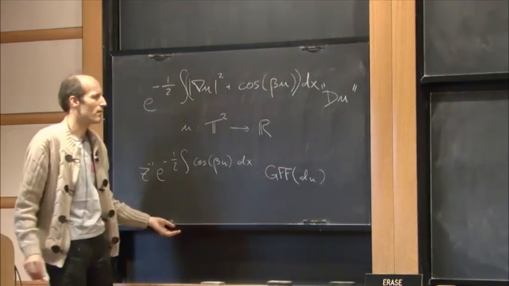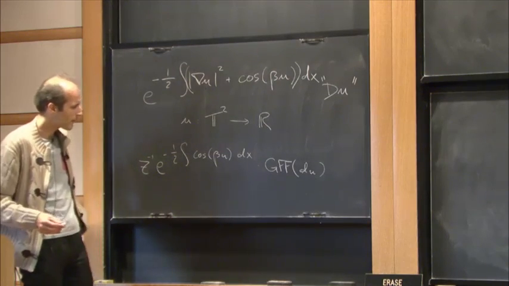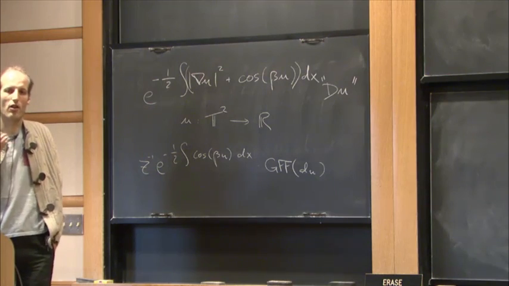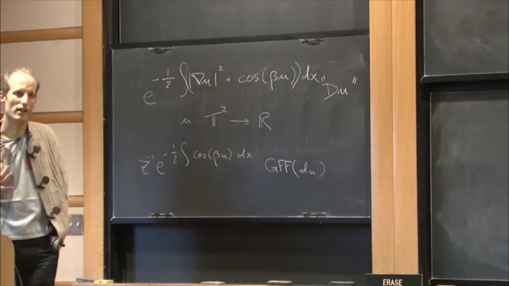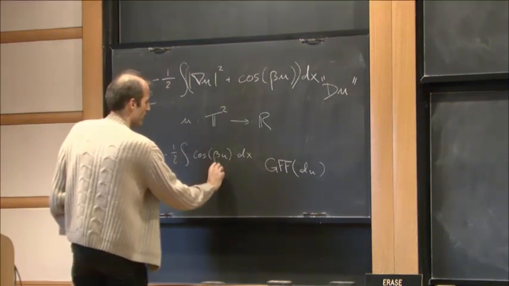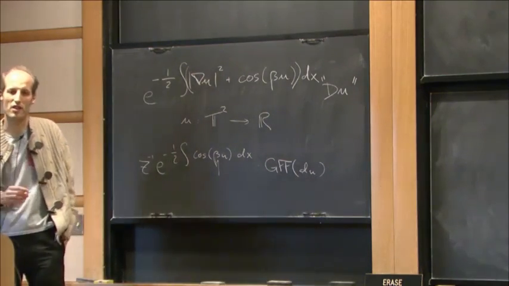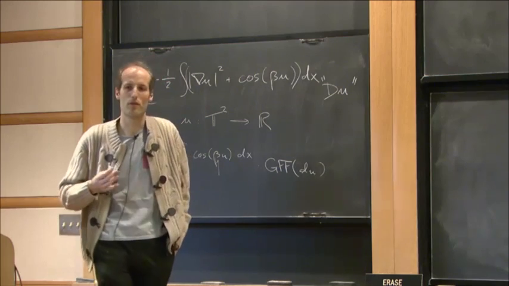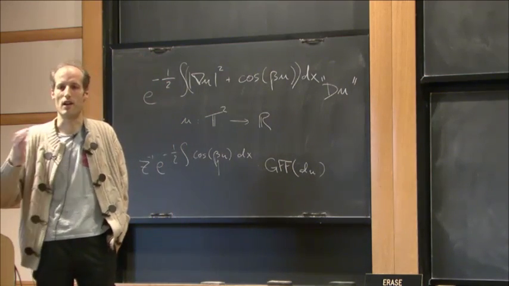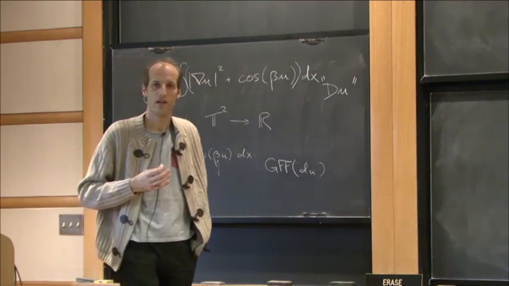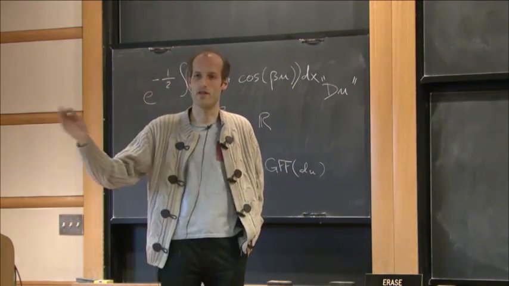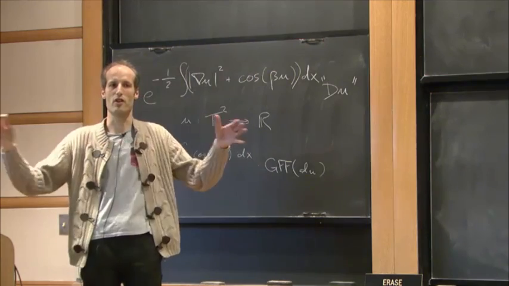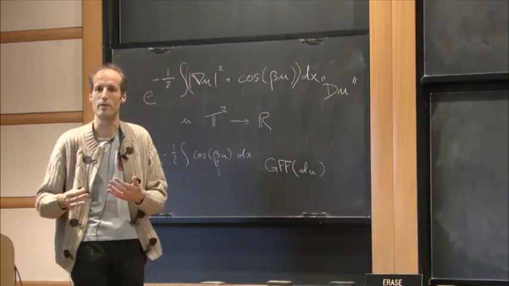The interesting thing about this model is that it's a nice toy model for renormalization techniques, because the parameter beta here, as you're going to see in a moment, in some sense plays a similar role to what the dimension plays in other kinds of field theories, in the sense that as you vary beta, the scaling properties of different objects change, and they depend on the value of beta.